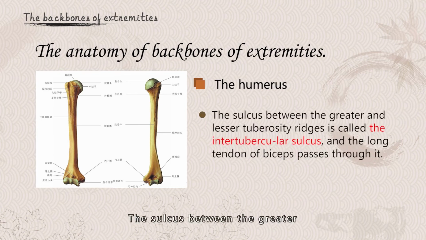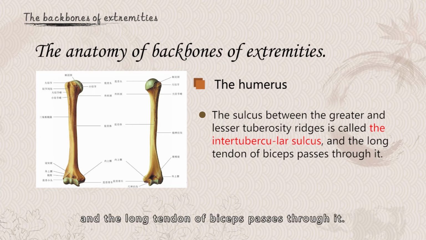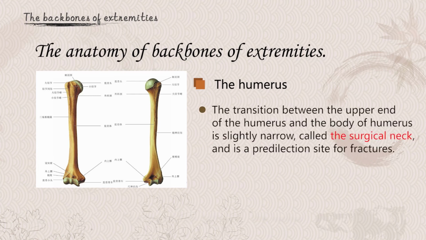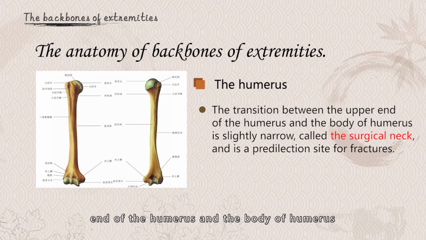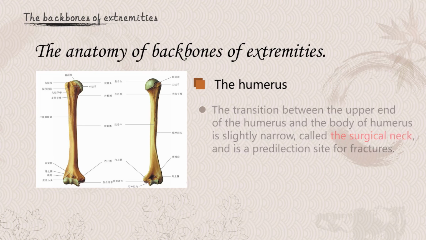The sulcus between the greater and lesser tuberosity ridge is called the intertubercular sulcus, and the long tendon of biceps passes through it. The transition between the upper end of the humerus and the body of humerus is slightly narrow, called the surgical neck, and is a predilection site for fractures.